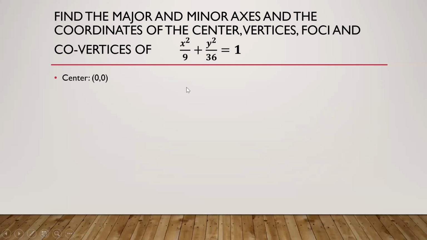Now for the orientation of our major axis, it's vertical. Why? Because now we have to determine which one is a. So a again is always the bigger number. Between 9 and 36, of course, 36 is the bigger number. And since 36 is our a squared, and a squared is with y, that means our major axis is vertical.